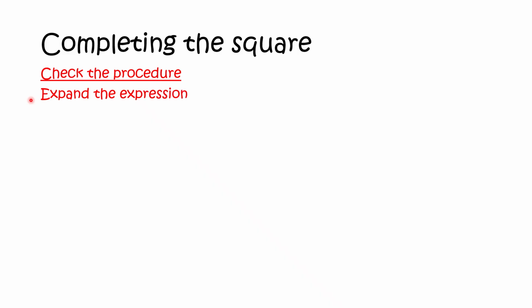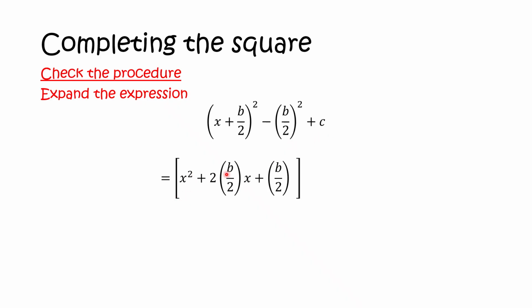Let's check the procedure. Expand the expression (x + b/2)² - (b/2)² + c. We expand each bracket or parenthesis, starting with the first one, so that we have x² + 2 times b/2 x + (b/2)² - (b/2)² + c.